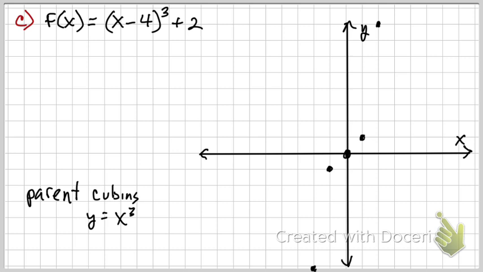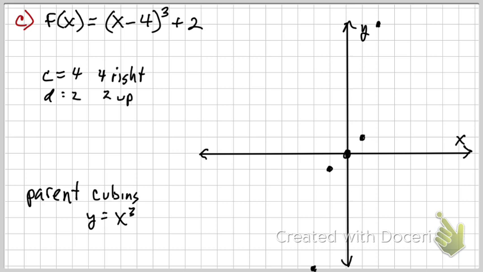So let's translate. What's A? Well, it's 1, so it's not going to flip. C equals 4 here. That's 4 right. D is 2, so that's 2 up.